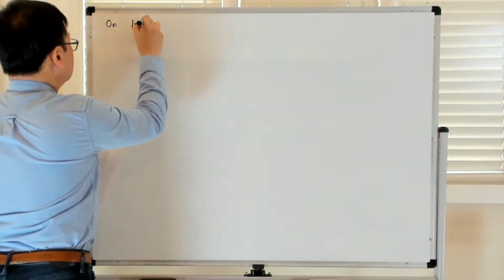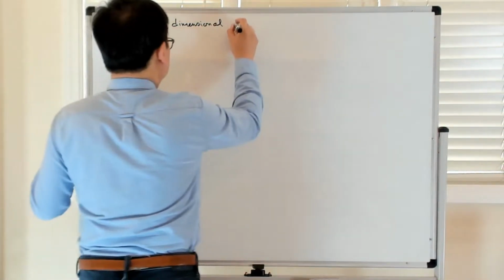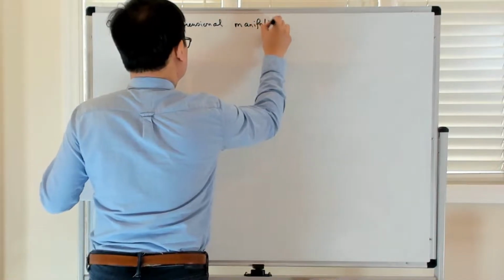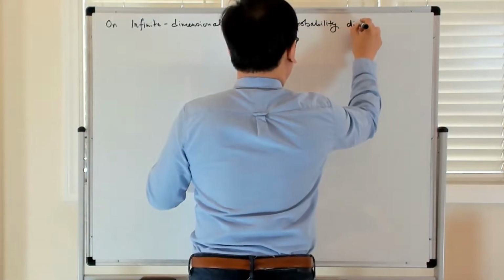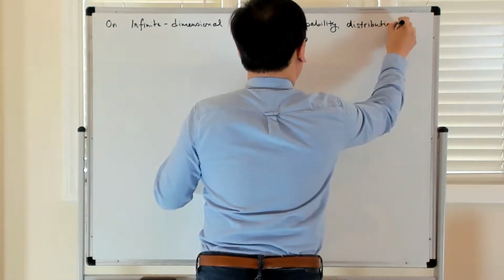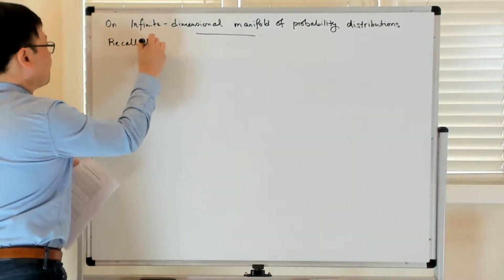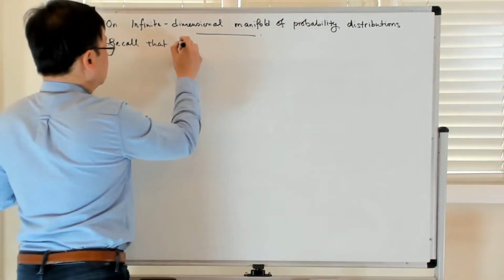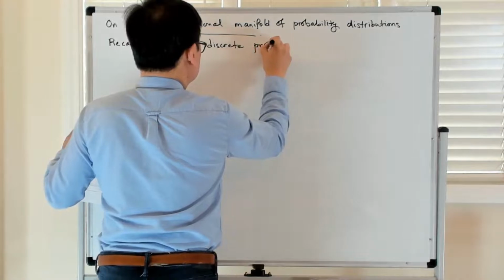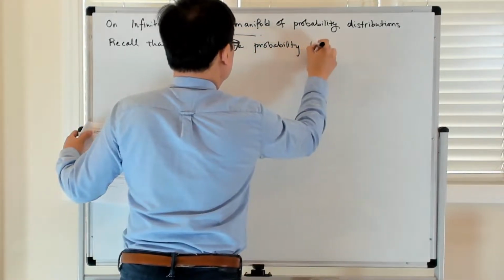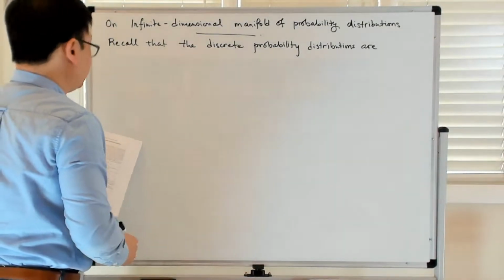So, on the infinite dimensional manifold of probability distributions, recall that the discrete probability distributions are both an exponential family and a mixture family.